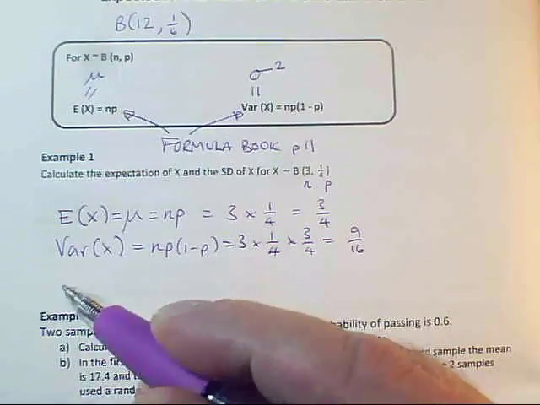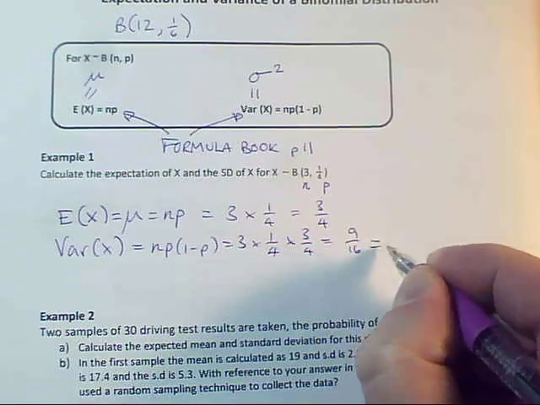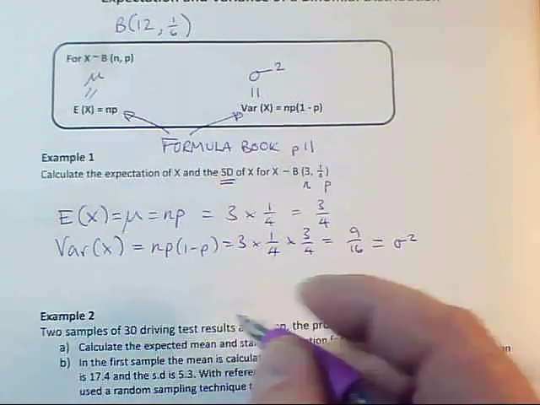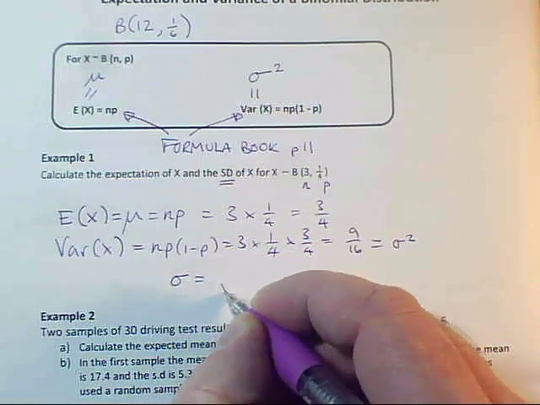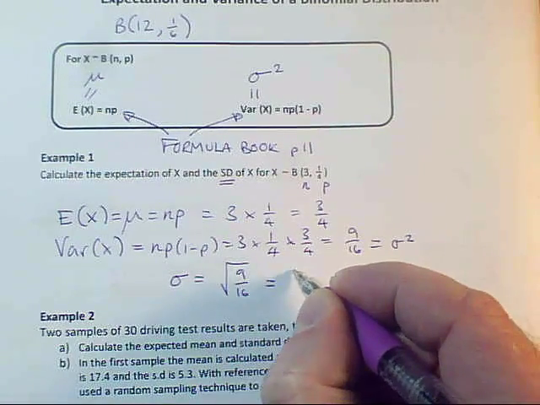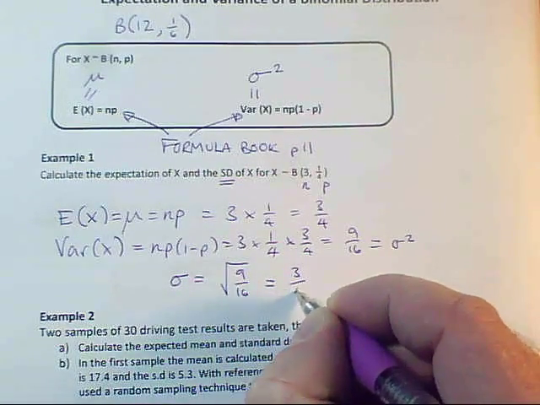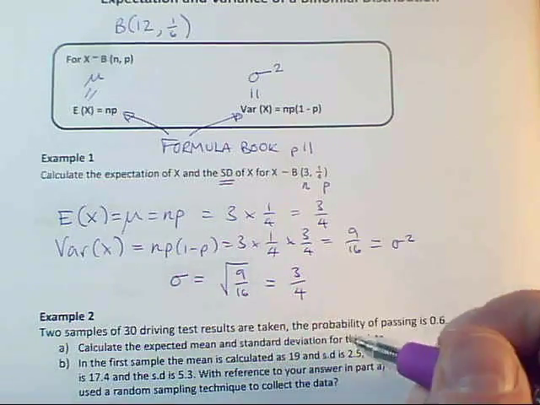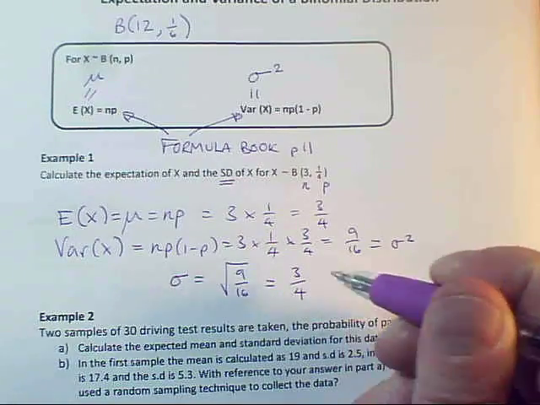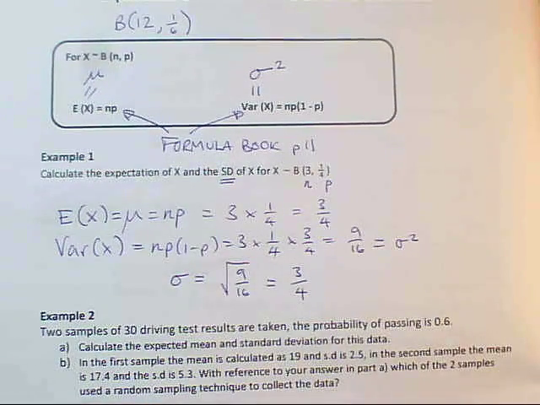So that's the variance of x, but remember the variance is sigma squared. It asks for the standard deviation, which is just sigma. So to find sigma, I have to do the square root of 9/16, which my calculator tells me is also 3/4. So that's a bit of a coincidence that the mean, the expectation, and the standard deviation are the same number. It doesn't normally happen, it just happened this time by coincidence.